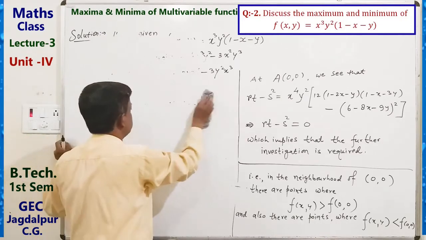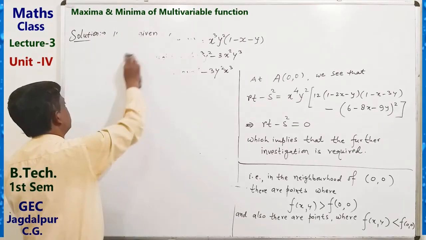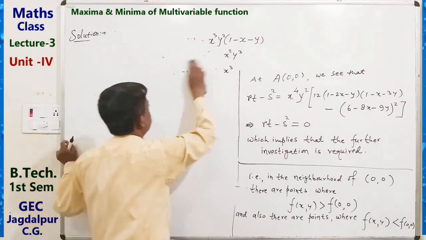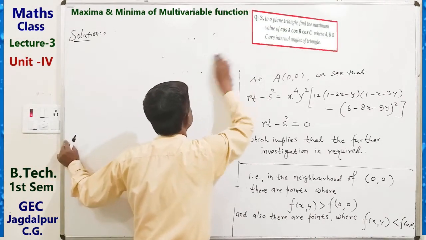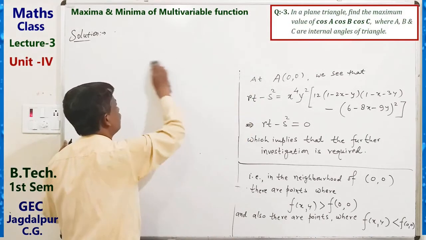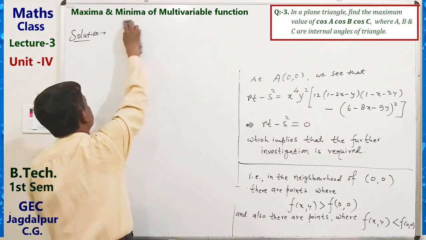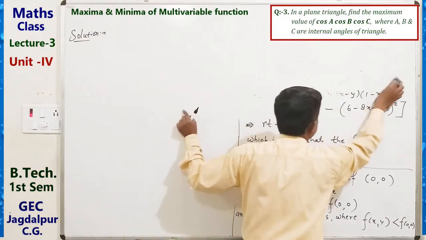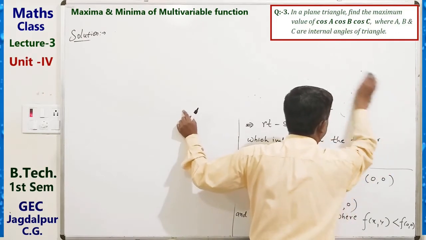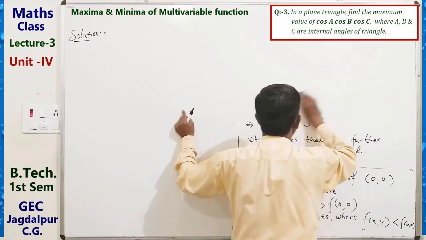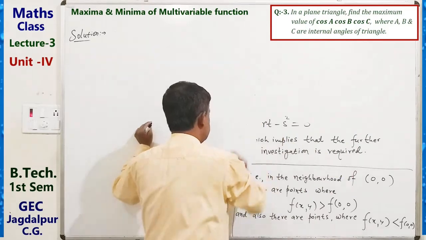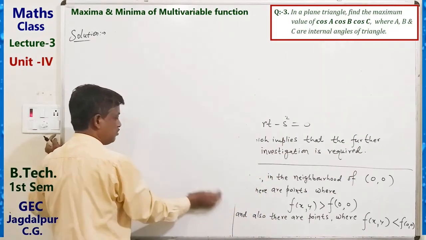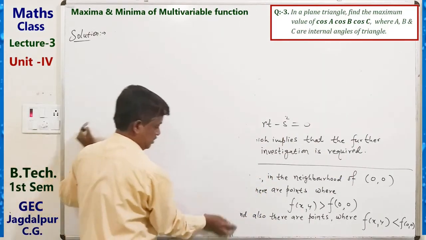Next question. Here, whenever we are given a function of more than two variables, maybe three variables, and there is some condition on those three variables. Because in general a function of two variables means there are two independent variables.